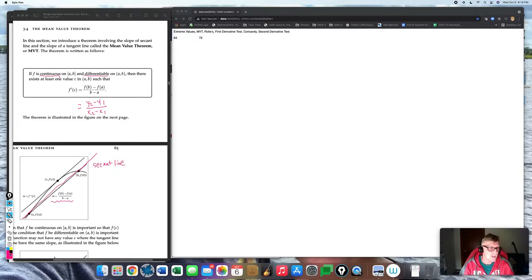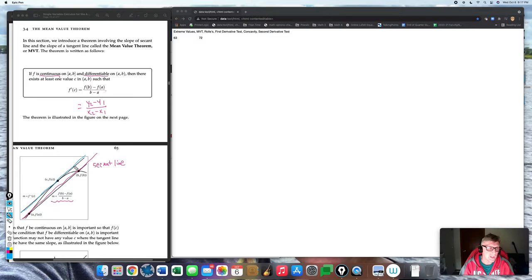Okay. So the theorem is saying, hey, if you've got a function that's continuous everywhere on that interval, including the endpoints, and it's smooth, it doesn't have any sharp points or jagged edges or anything like that, so it's differentiable on the interval, then there has to be a place somewhere in the middle of this where the slope of this tangent line has the same exact slope.